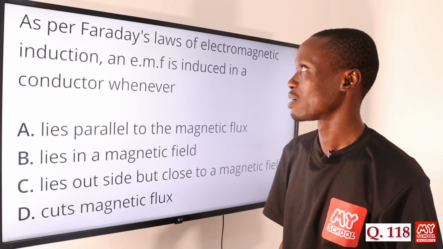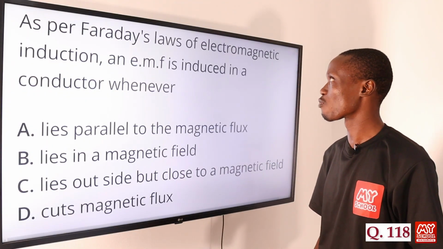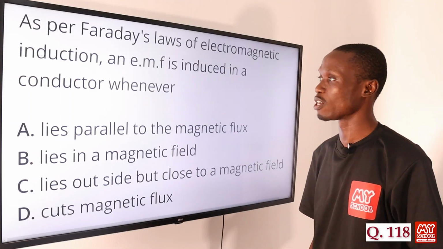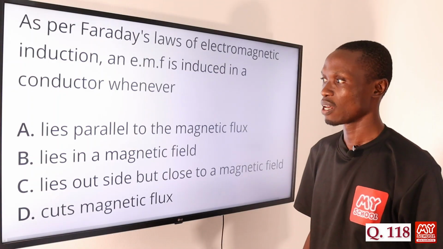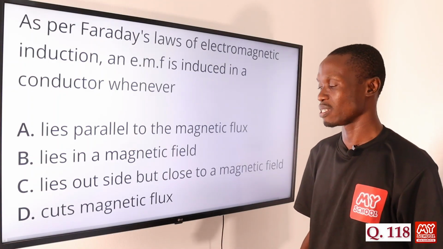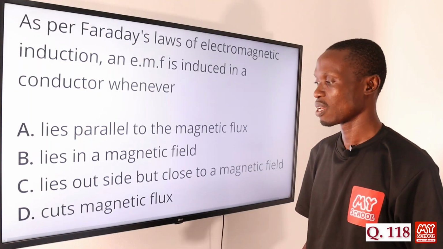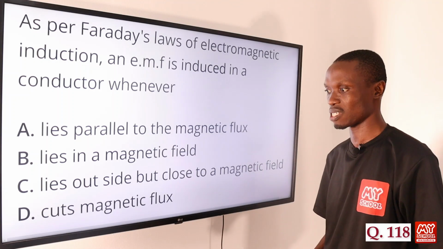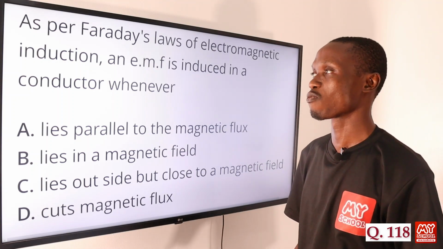Question 118. As per Faraday's laws of electromagnetic induction, an EMF is induced in a conductor whenever it A, lies parallel to the magnetic flux, B, lies in a magnetic field, C, lies outside but close to a magnetic field, and D, cuts magnetic flux.